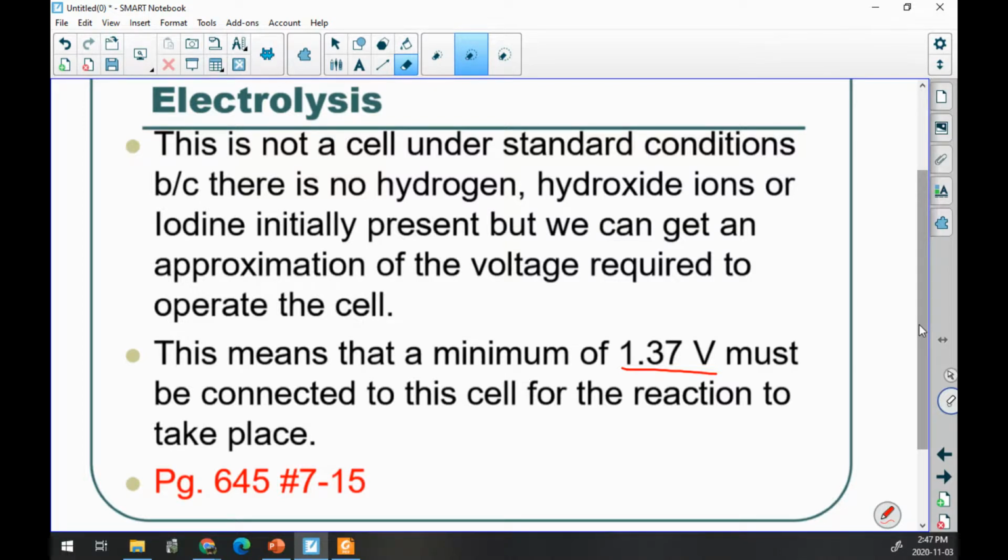Now, lots of things that we use electrolytic cells for. Batteries being the biggest one that we have because they operate when we charge them. However, electrolytic cells are used to coat things. I'm going to guess at least some of you have electroplated jewelry at home.